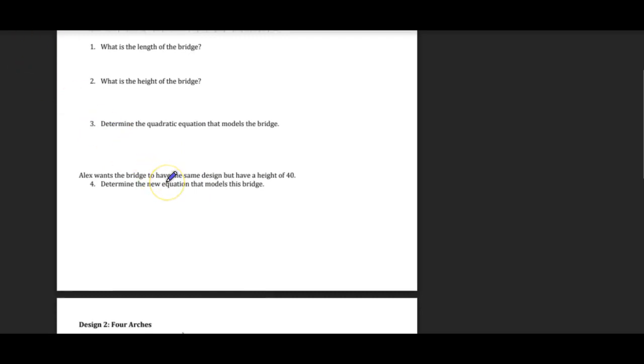So Alex wants the bridge to have the same design but have a height of 40. Determine the new equation. So we still have the point (10, 0), but this time we've just got a different height. So that means our turning point has changed from (0, 25) to (0, 40). And then we just do the same thing as we did before. So we use the general turning point form, substitute in for x, y, h and k, and we've got to solve for a.